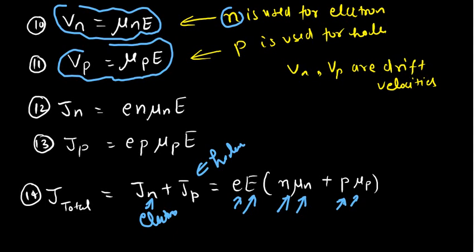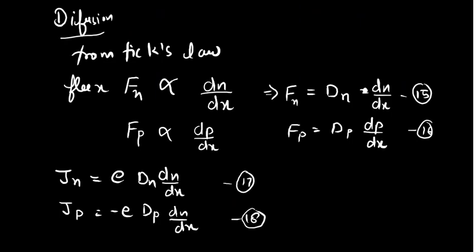From physics, we know diffusion. Diffusion will be given by change in concentration. The flux will be directly proportional to the change in concentration of number density. So what is Fick's law? Fick's law states that when you have a difference in concentration of charge carriers, suppose here the concentration is more dense and there is a lower density or fewer carriers.